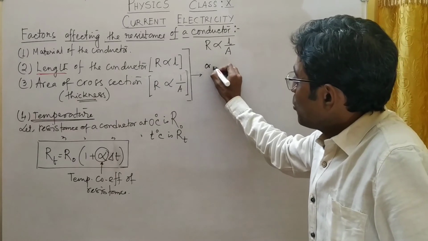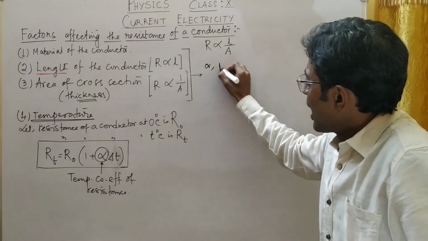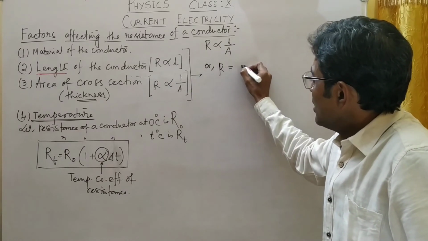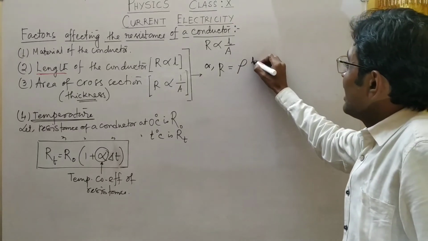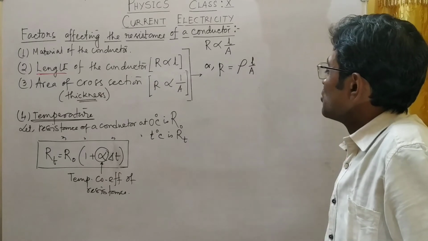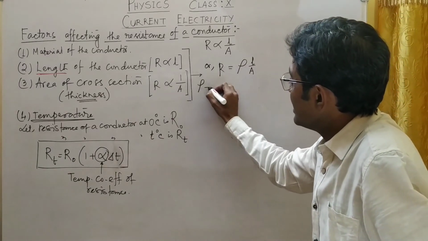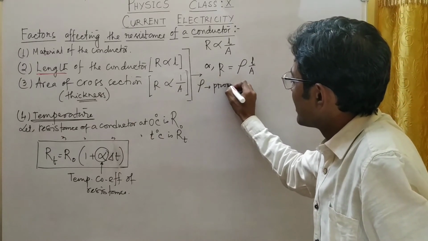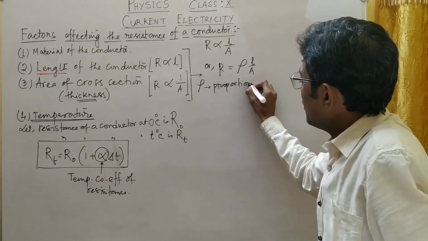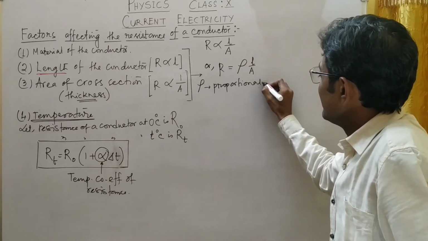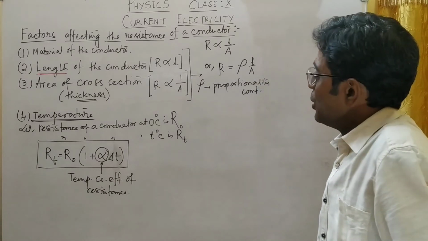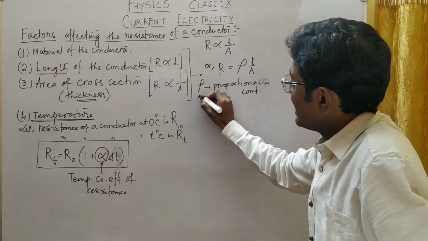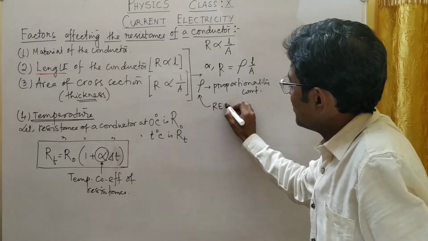Or I'll bring one constant. So R equals, that constant I am writing as rho, L by A, where rho is a proportionality constant. And you know the name of this constant? The rho is called resistivity.